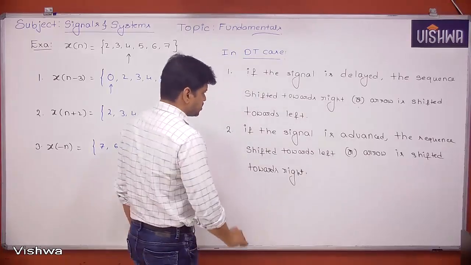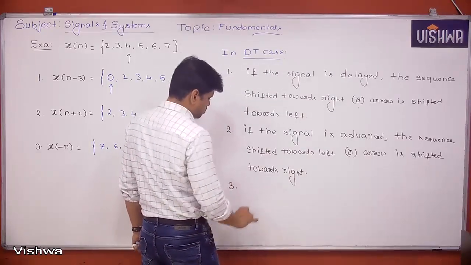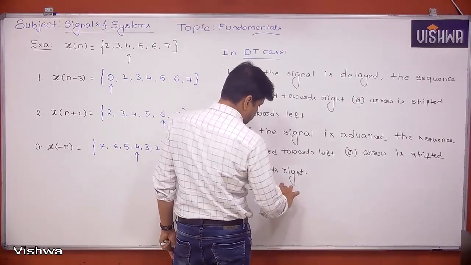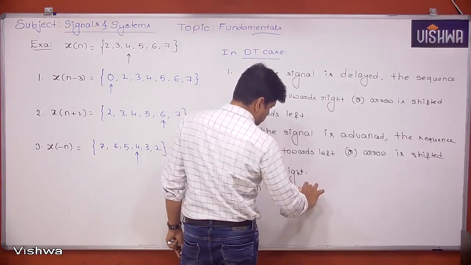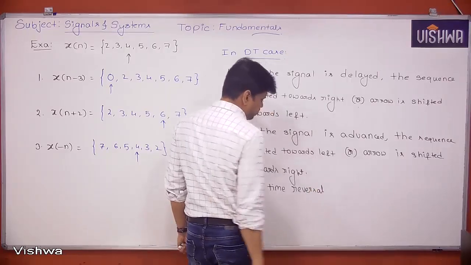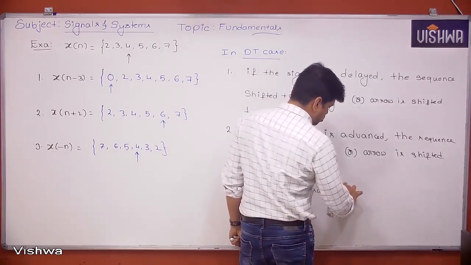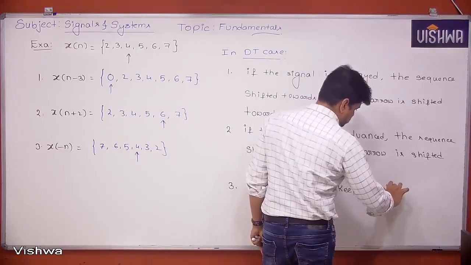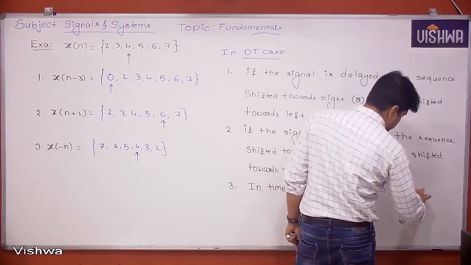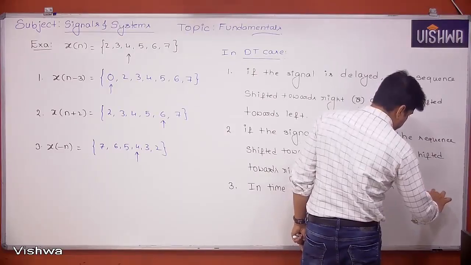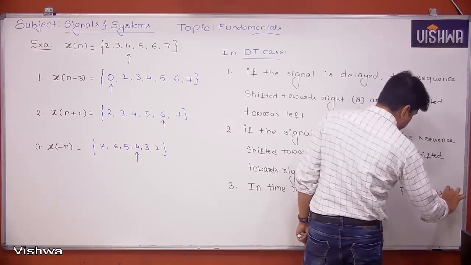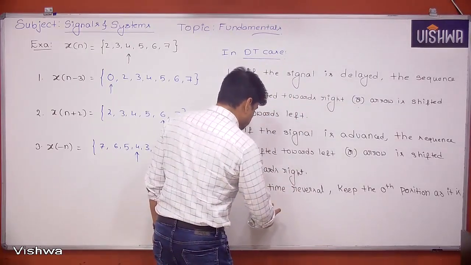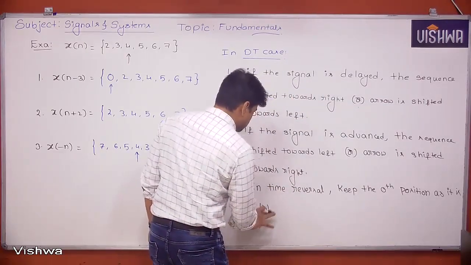Okay. Next, third point. In time reversal, keep the 0th position as it is and write the sequence in reverse order.